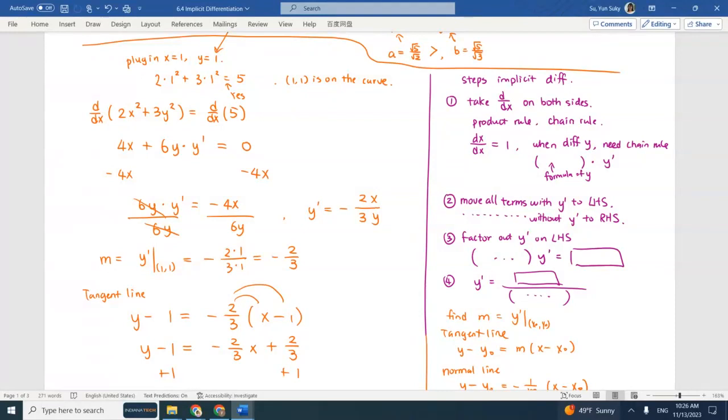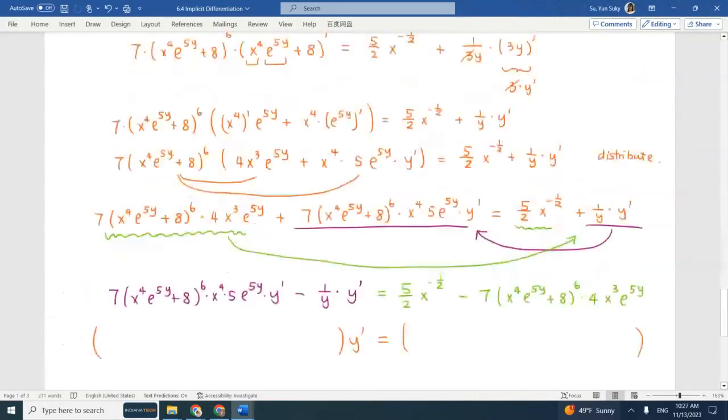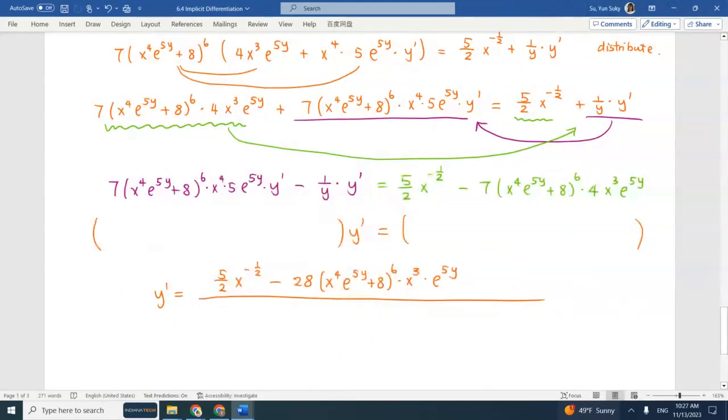Then how do you solve for y prime? It's your right-hand side divided by this left-hand side factor. So this is the process. You might have a complicated problem, but this process remains the same. That's why here we move the terms with y prime to the left-hand side and the terms without y prime to the right-hand side.